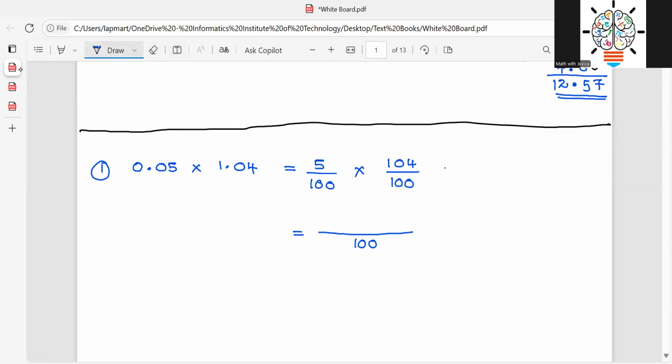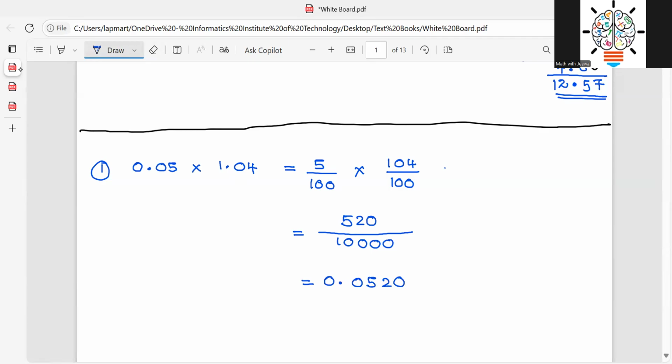So 100 times 100 gives you 10,000, and you multiply 104 by 5. It gives me 520. When you divide like this, there should be 4 decimal places, 0.0520. That is one method.